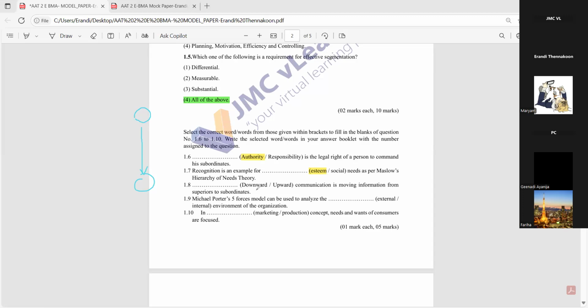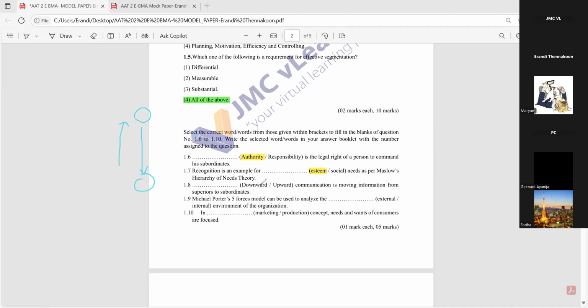Yeah, from subordinate to superior, it's upward. Subordinates are here, and if this communication flows from here to here, like employees or subordinates giving their opinions to their managers, superiors, so the communication flows from subordinate to superior, which is called upward.